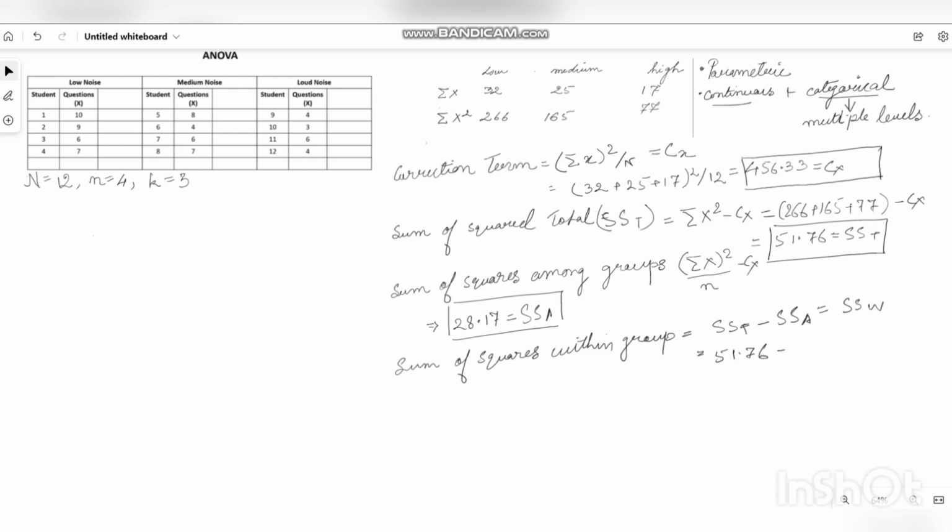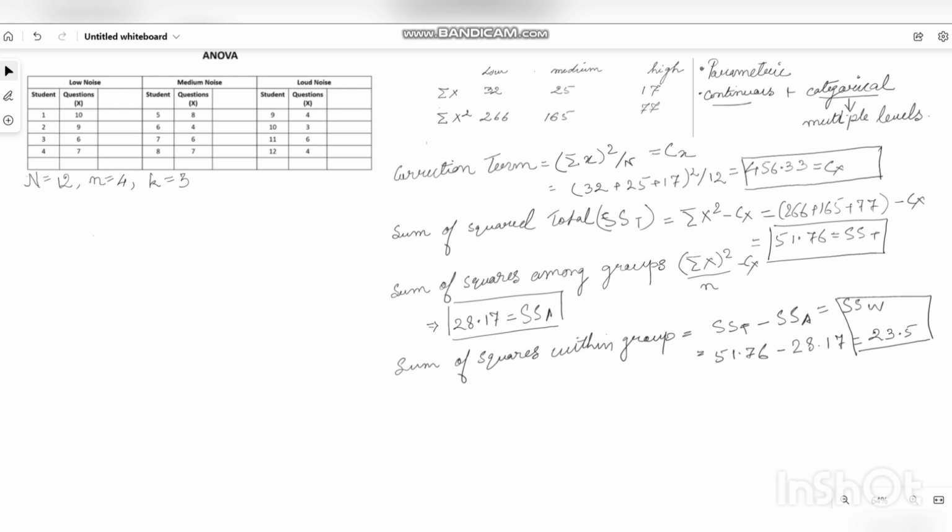The value of SSA is 28.17, which comes out to be 23.5. This is the value of SSW. So we have these three values.